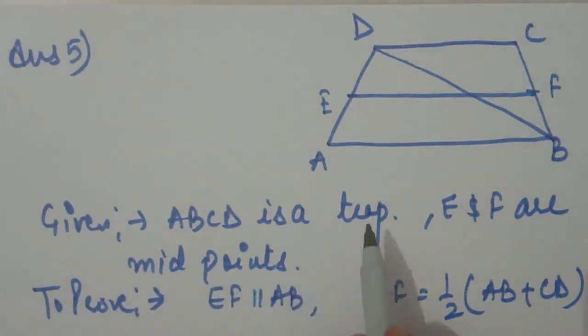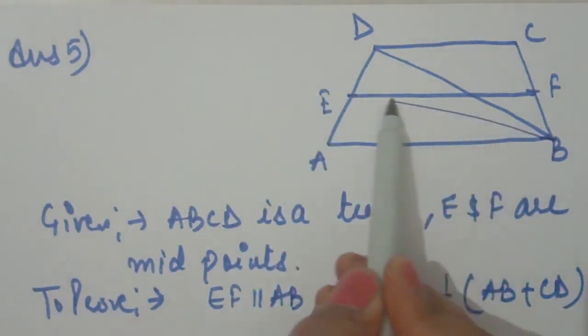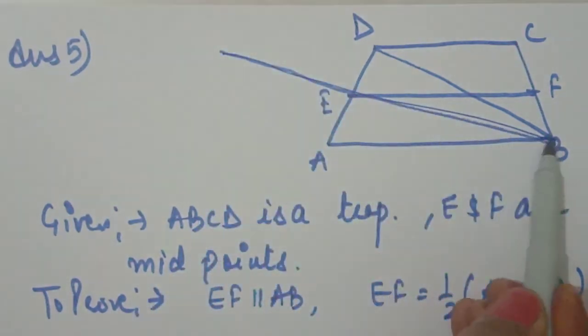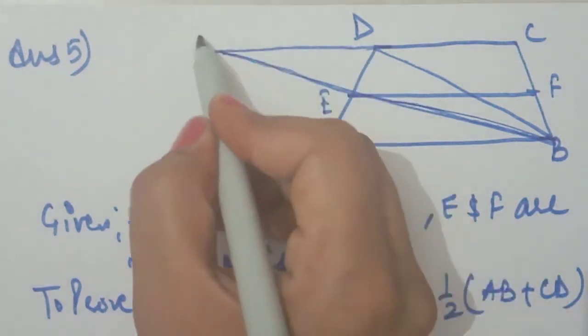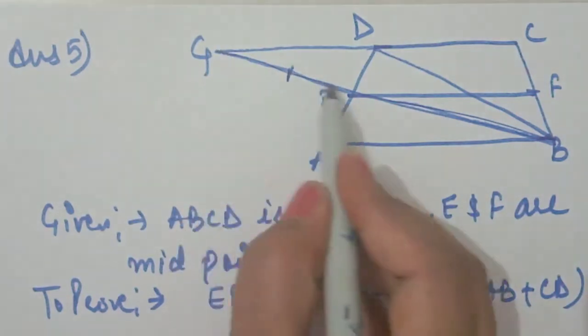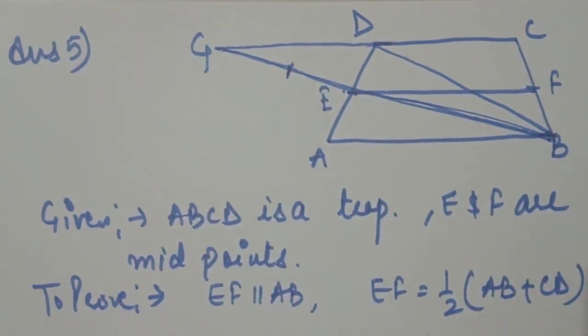So we have to do a small construction. We have to construct a line through B such that it meets at point G, such that both sides GE and BE are equal to each other. It means E is the midpoint of BG.